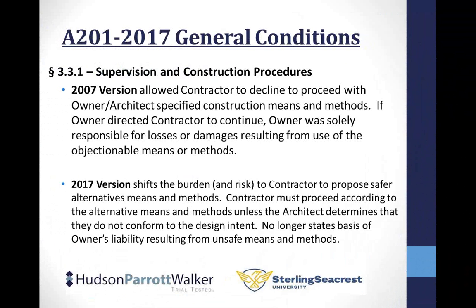The change in 2017 says that it's now the burden and risk to the contractor to propose safer alternative means and methods. So you're not going to get out from under the means and methods under the 2017. And it's your obligation, if you don't like the means and methods, to say, we're not doing those, we're doing these. Okay? The takeaway here is, just like in 2007, you have this provision in the same section. It's in section 3.3.